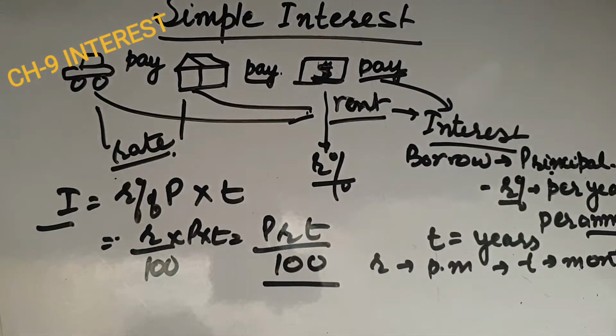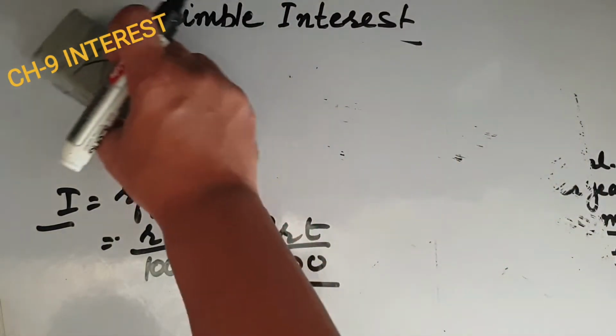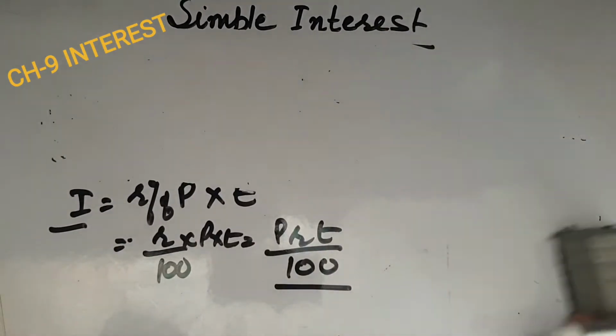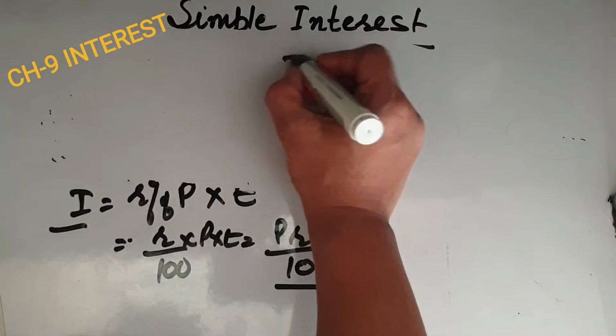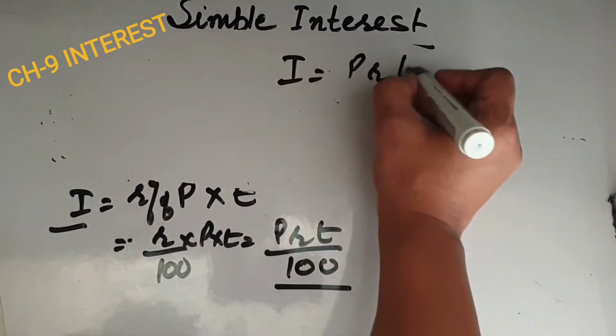Now if we learn this formula PRT upon 100, we will be using it, knowing the principal, the rate, and the time, to find out the interest, or the problems can be inverse. So the same I is equal to PRT upon 100.